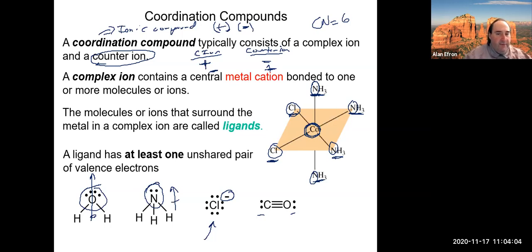Again, the coordination number is not necessarily, as we will see, the number that we see in the formula, but it is exactly how many atoms are directly attached to that complex ion's core metal in the middle.